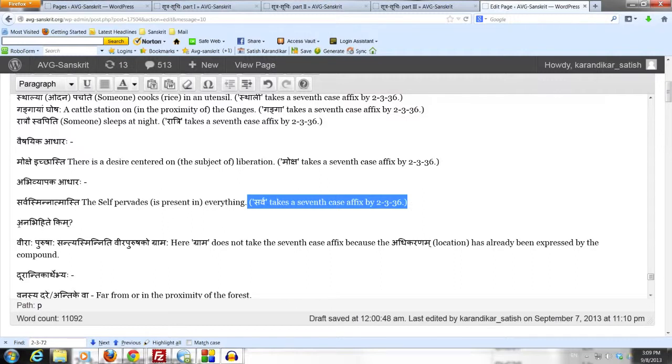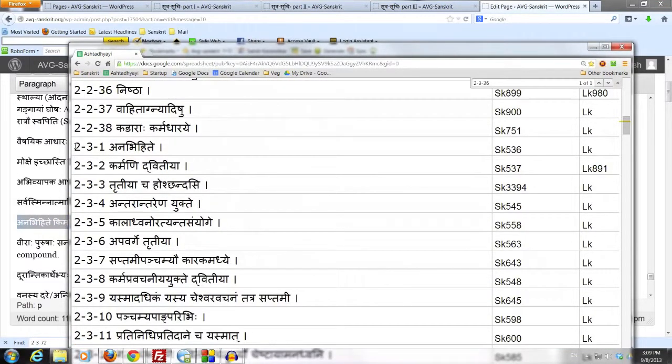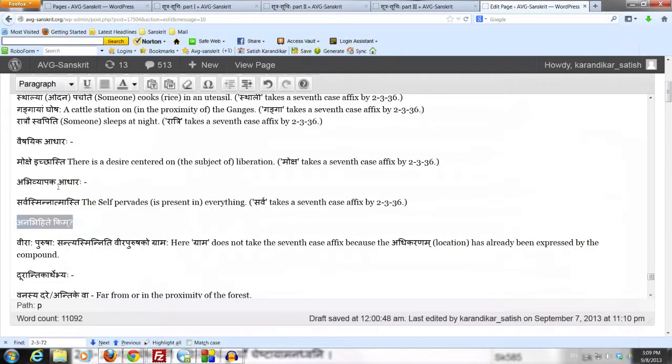Now to point out the importance of the condition Anabhite, which comes down from 2.3.1, the Adhikara of Anabhite, consider the following example. Viraha Purushaha Santyasminniti Vira Purushako Gramaha. Here Grama, the village, is the Adhikaranam, the location where there are heroic men.